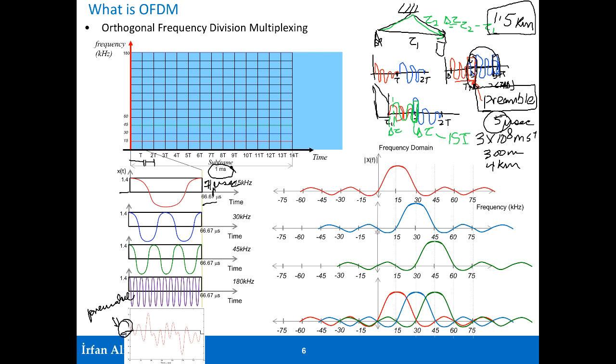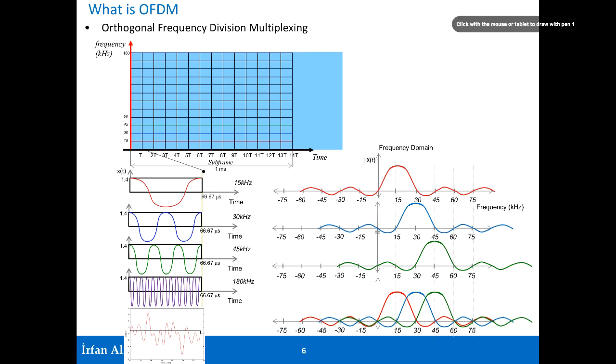This subframe is an important concept in creating the overall LTE signals. You essentially take this 1 millisecond subframe and you keep repeating this in time till eternity, and you will get an LTE downlink frame going on till eternity.